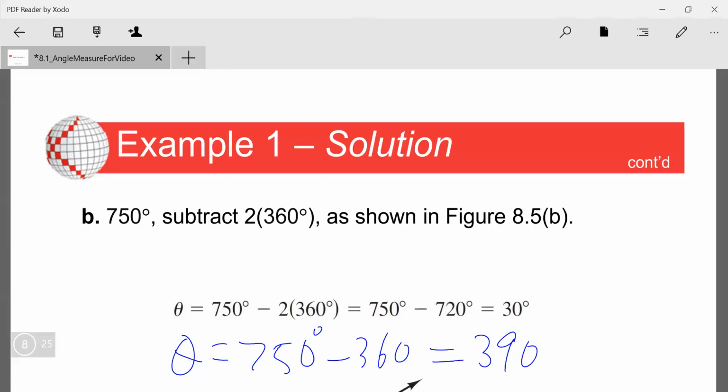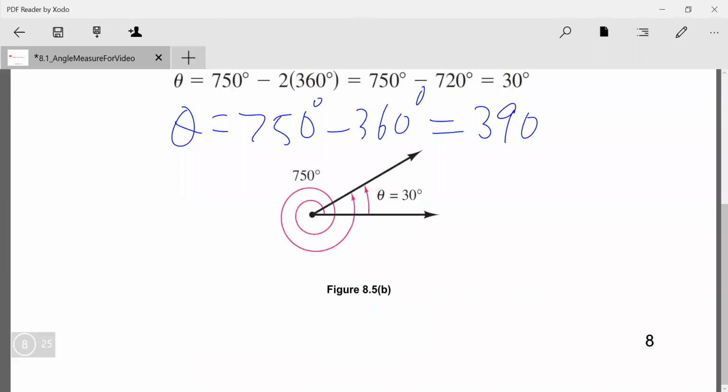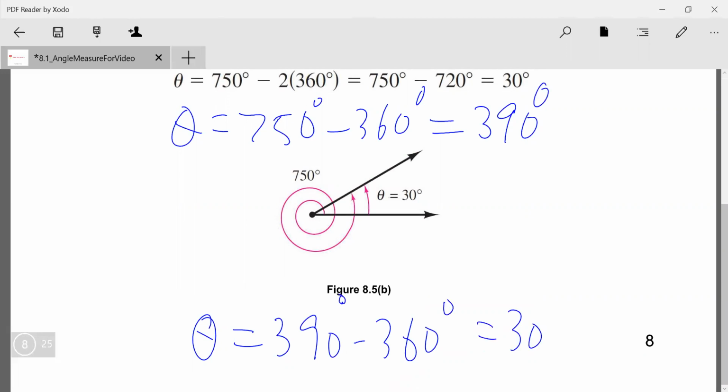So you continue and get 30. You just keep subtracting 360 until you get an angle that's between 0 and 360.